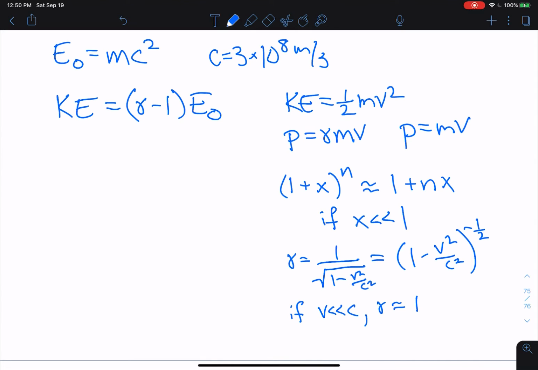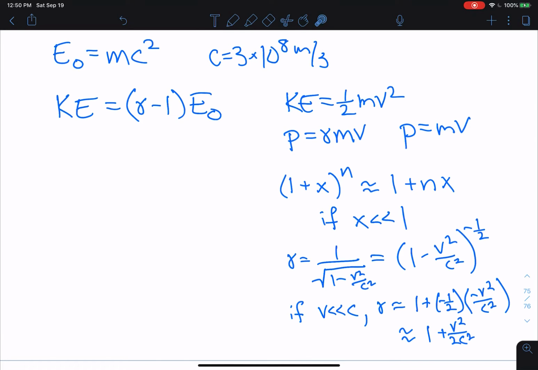Now my n is negative 1/2, so plus negative 1/2, and then my x is negative v squared over c squared. And so this gives me 1 plus v squared over 2c squared.